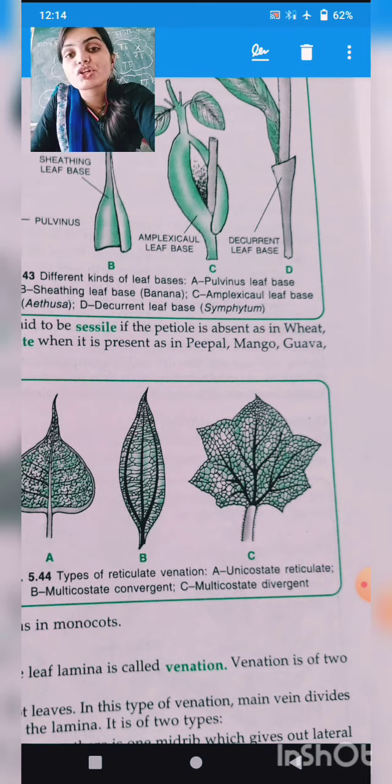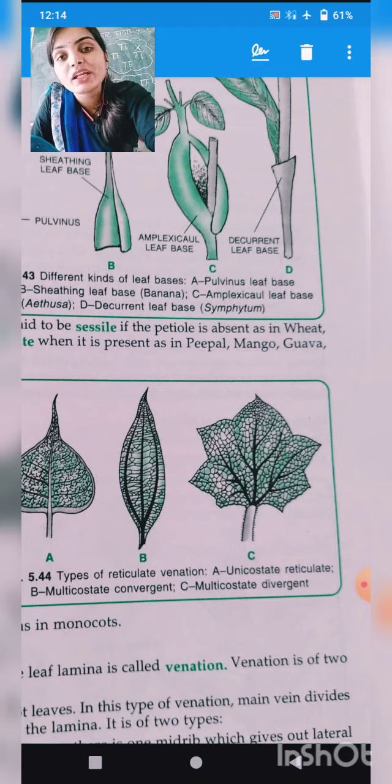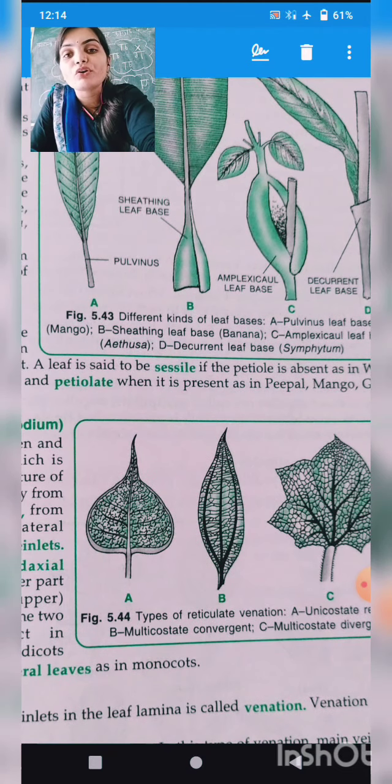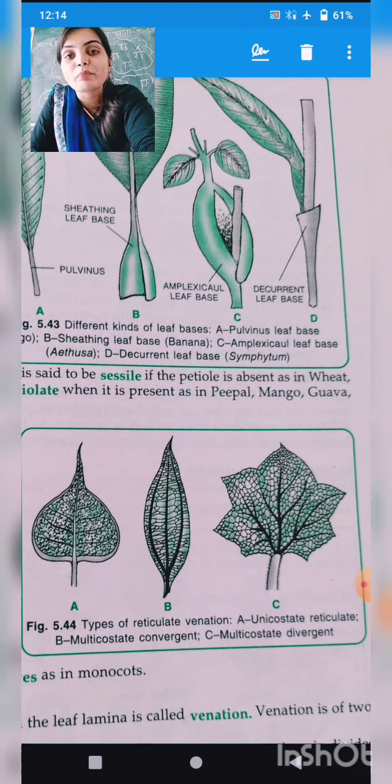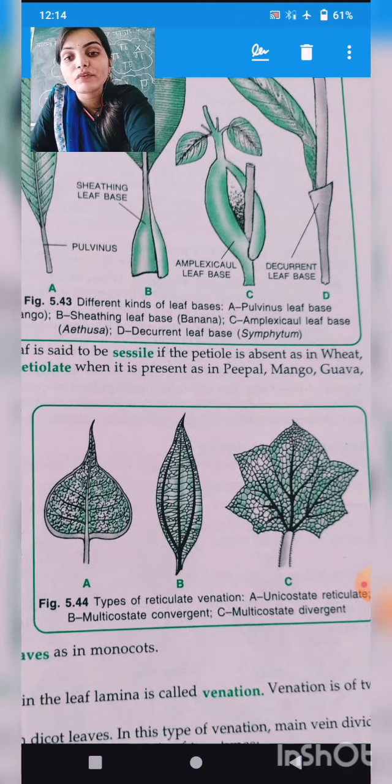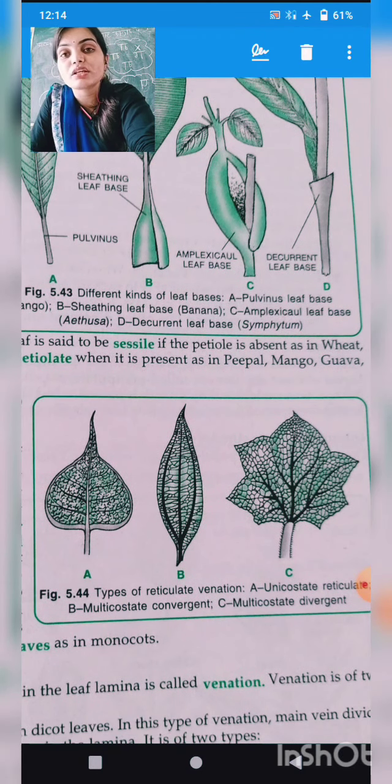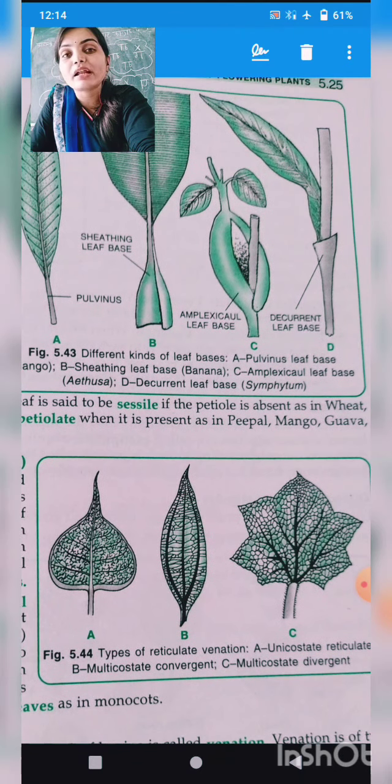Such a type of venation is known as reticulate venation. So, parallel venation and reticulate venation. Figure 5.43 shows different types of parallel venation, and in figure 5.44 you can see different types of reticulate venation. Also in the upper diagram there is some reticulate venation.